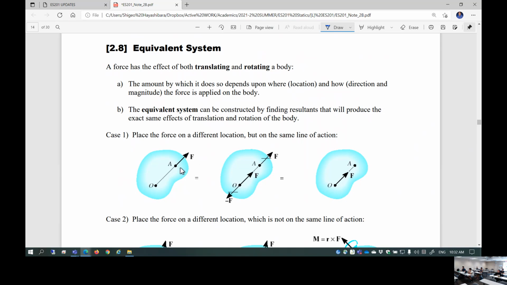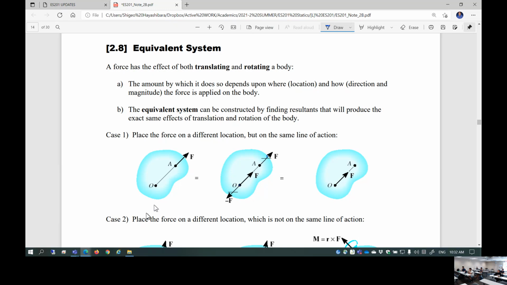Think about it: in order to do such a thing, to cancel force F applied at point A, you apply negative force F at point O, then shift this force F to point O. Those two forces cancel out. As a result, you have force F applied at point O. So if you apply the force at point A or at point O, the body behaves the exact same way.